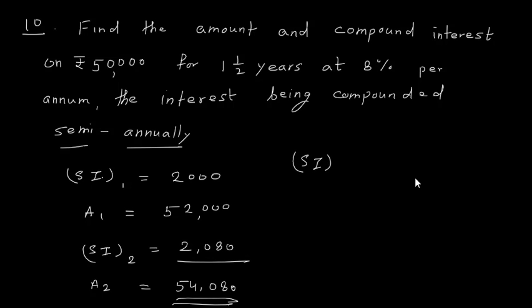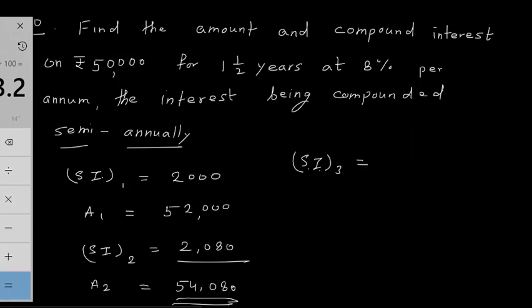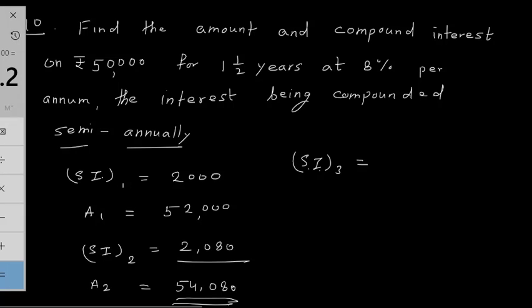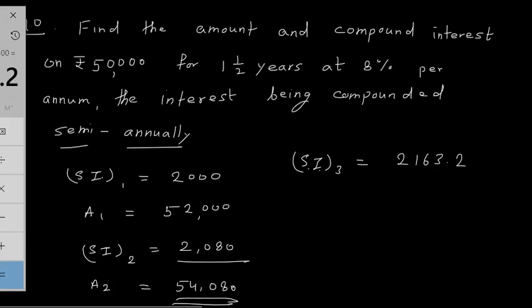So I will calculate simple interest for the third period, it will be 54,080 multiplied by 4 divided by 100, that gives me 2163.2.